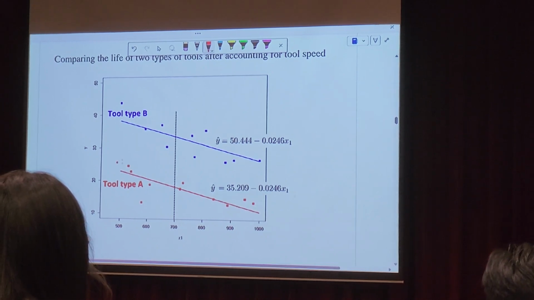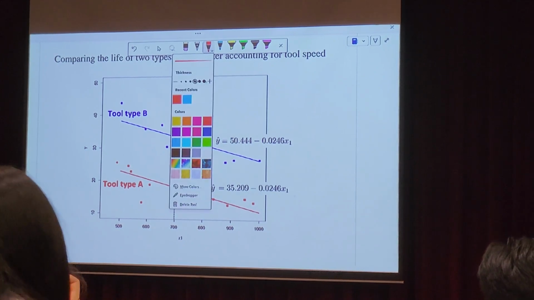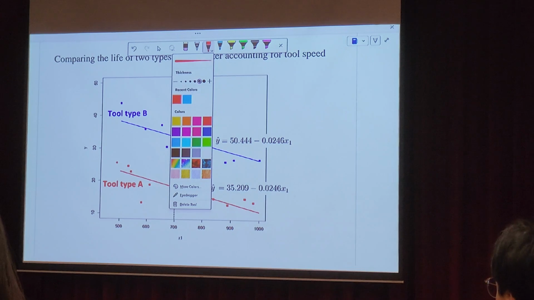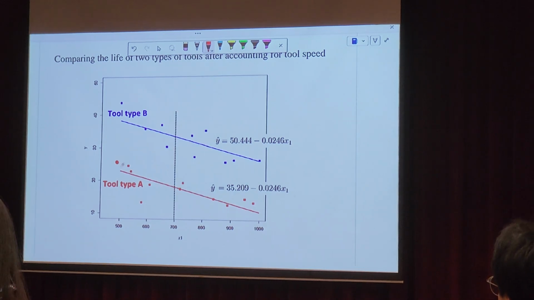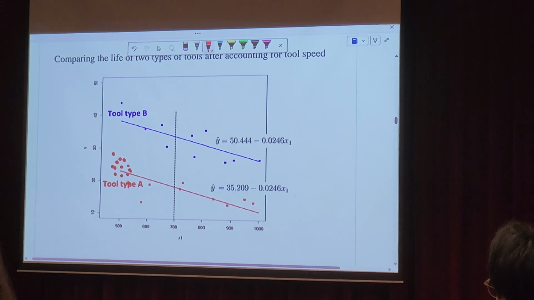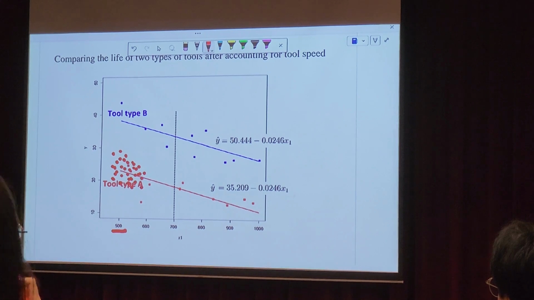I collected more here. I wasn't careful, so for type A, I collected a lot more here at low speed. Okay?